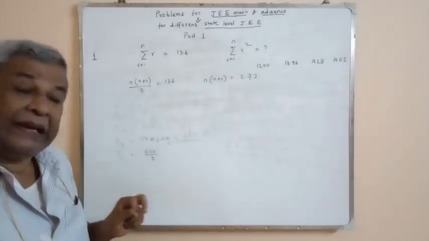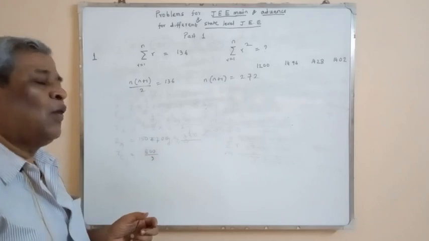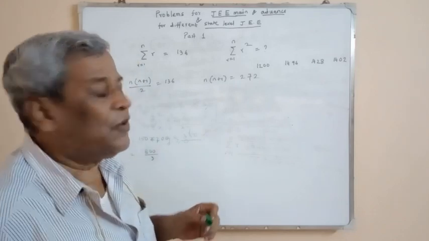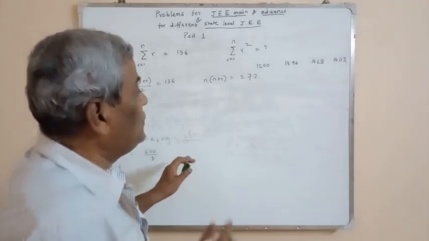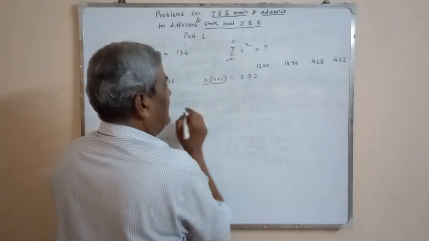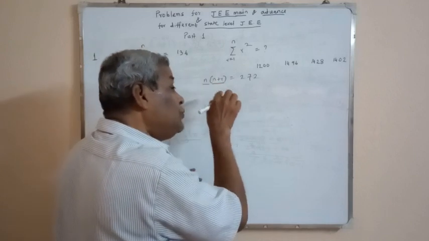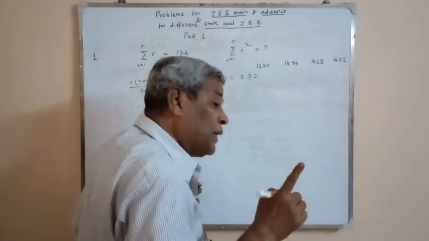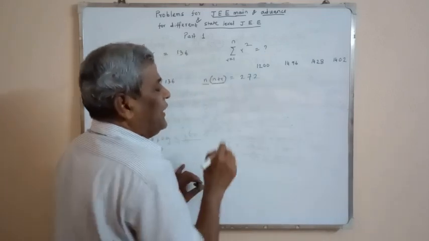It is a quadratic equation in n. We can solve it, but there is no need of solving that. Actually, it is a product of two consecutive integers: one is n and one is one more than n. So try to factorize it.